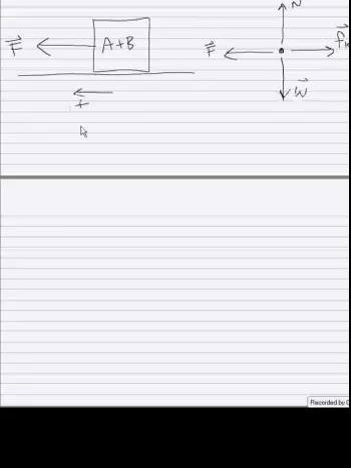Okay, it tells us it's moving at constant speed. And so what does that mean? That means the acceleration is going to be equal to 0. So just key words you need to pick up on when you're working these problems. Constant speed, acceleration is 0.